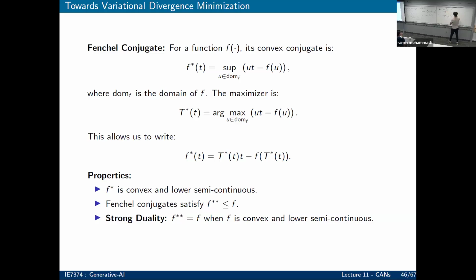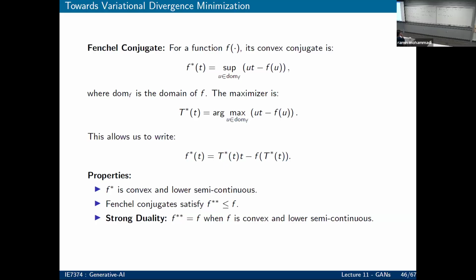I want to get rid of that supremum. So basically we rewrite this as ut minus f(u), and instead of u, because it was supposed to be the supremum, you just put this t star, f(t star). Okay, so that's how we replace u, and we got rid of the supremum term.